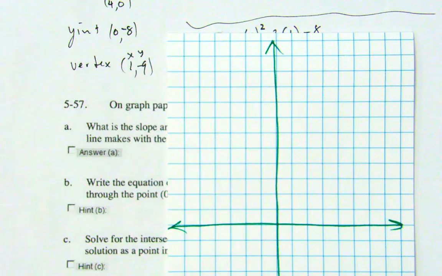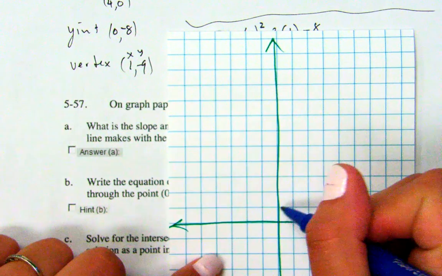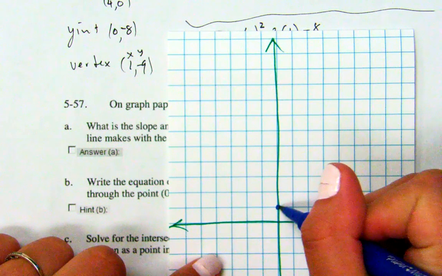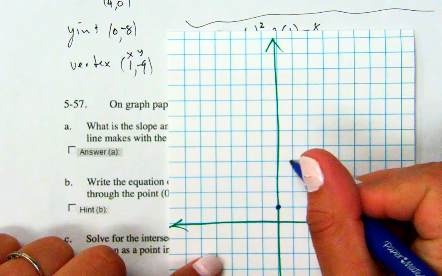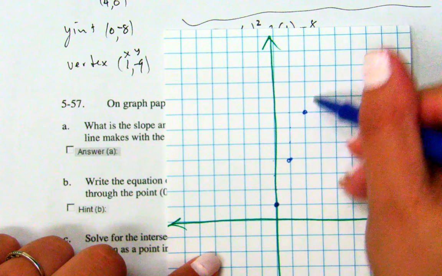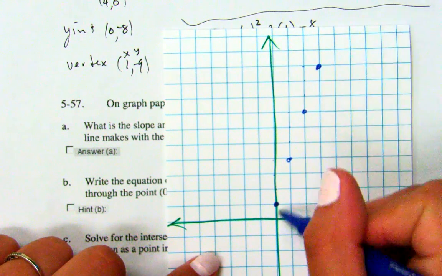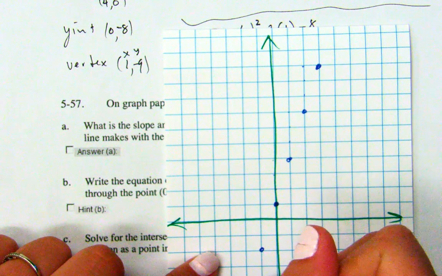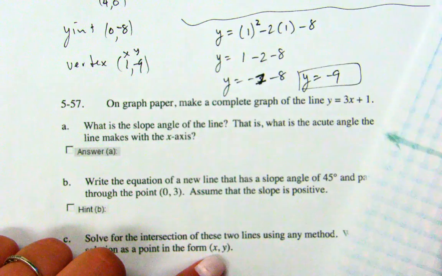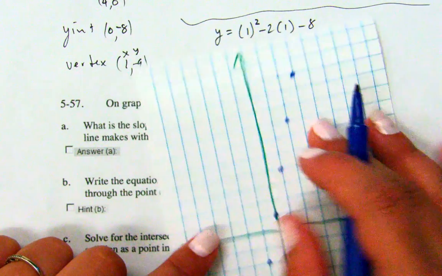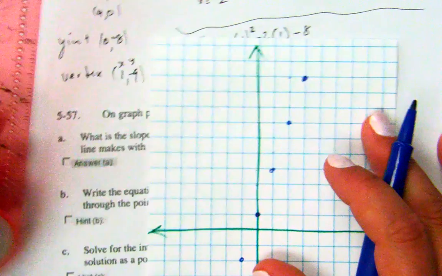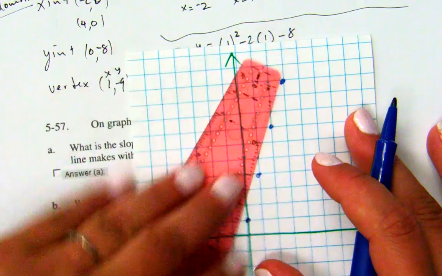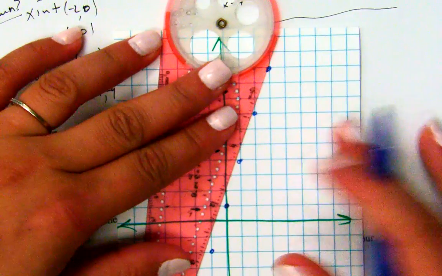So 3x plus 1 looks like plus 1, so we gotta go 1, 2, 3 over 1, 1, 2, 3 over 1, 1, 2, 3 over 1, and then we're going backwards because this is a full line. But it only really wants it to make an acute angle with the x-axis, so we just gotta work it out.